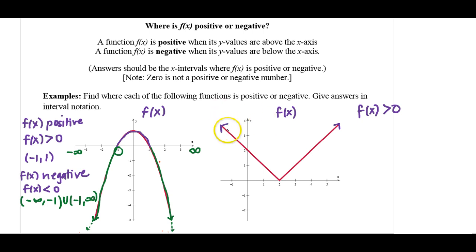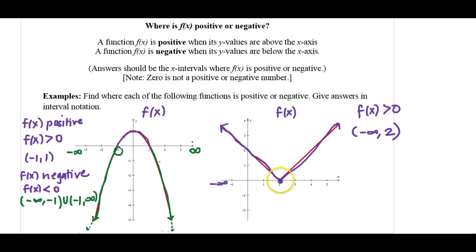So this graph is above the x-axis from -infinity, way off to the left, all the way until 2. But at 2, my function equals 0, so it's not greater than 0. So from -infinity to 2, open, my function is above the x-axis, and from 2 all the way to infinity.